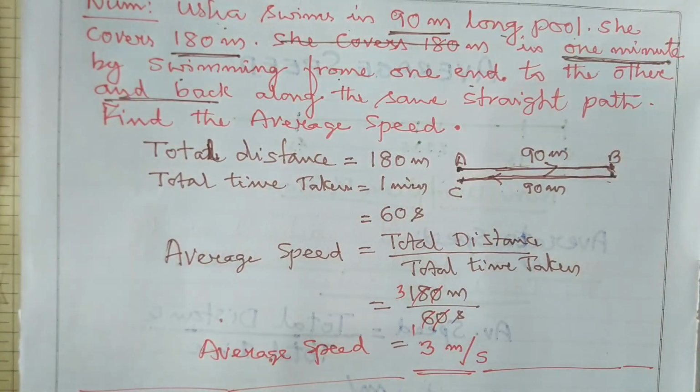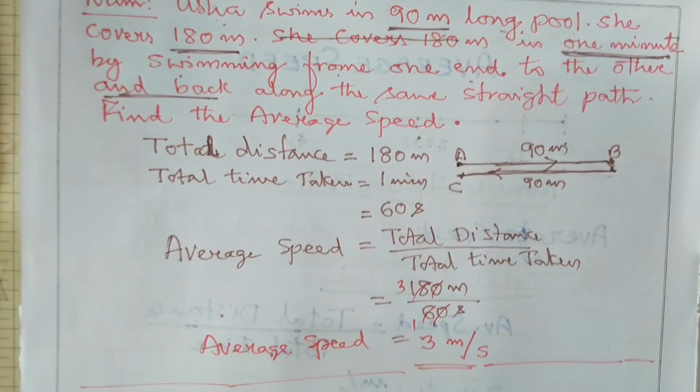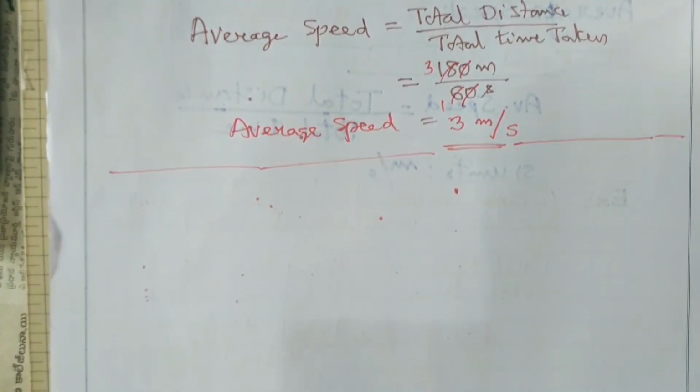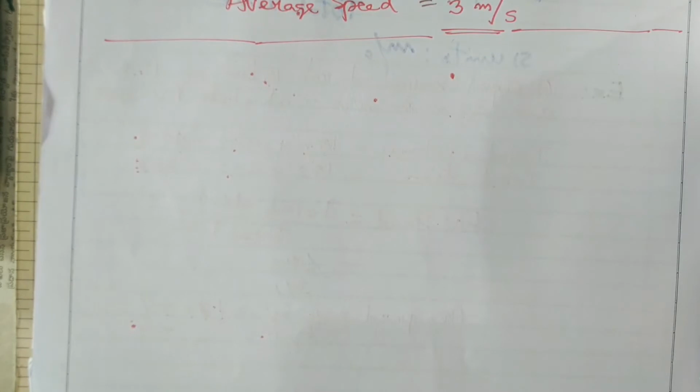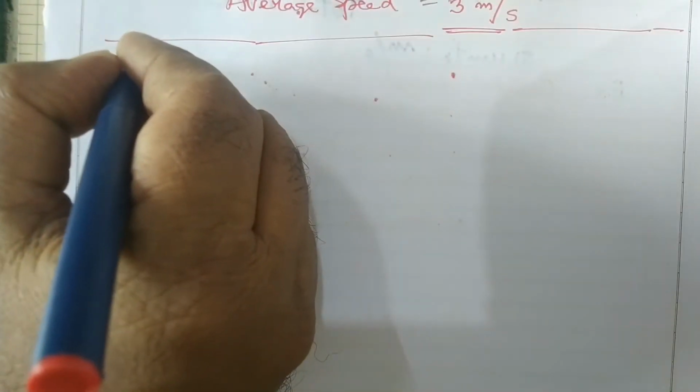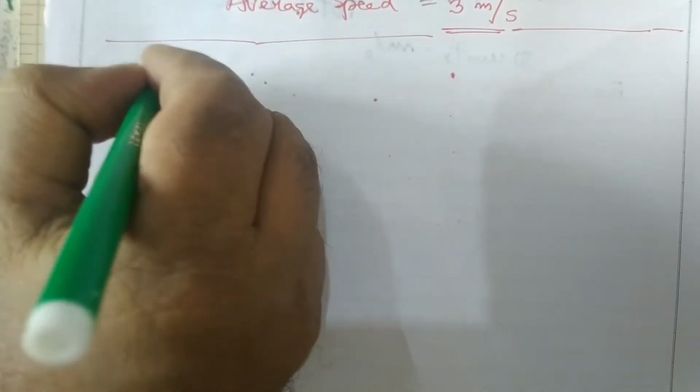Now, I'd like to go to another concept, average velocity. You can easily imagine the definition of average velocity. I am explaining this average velocity. All of you see this.